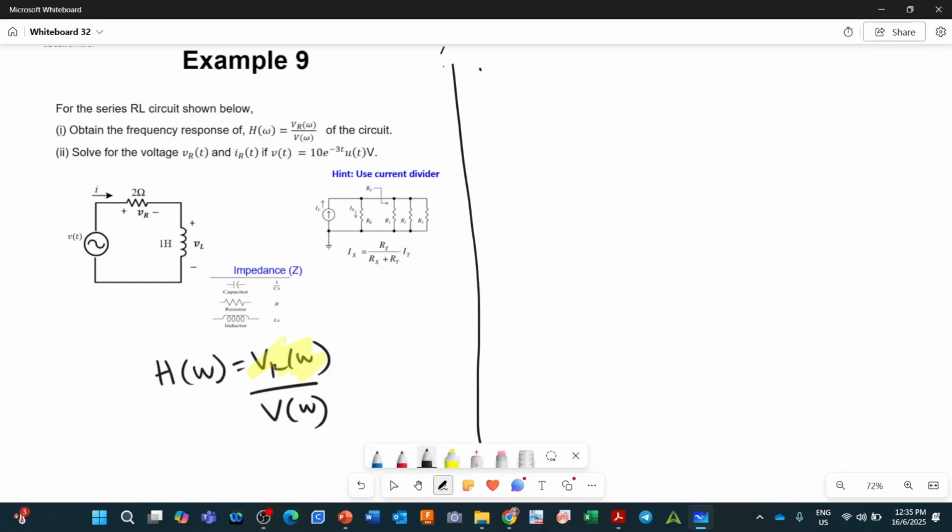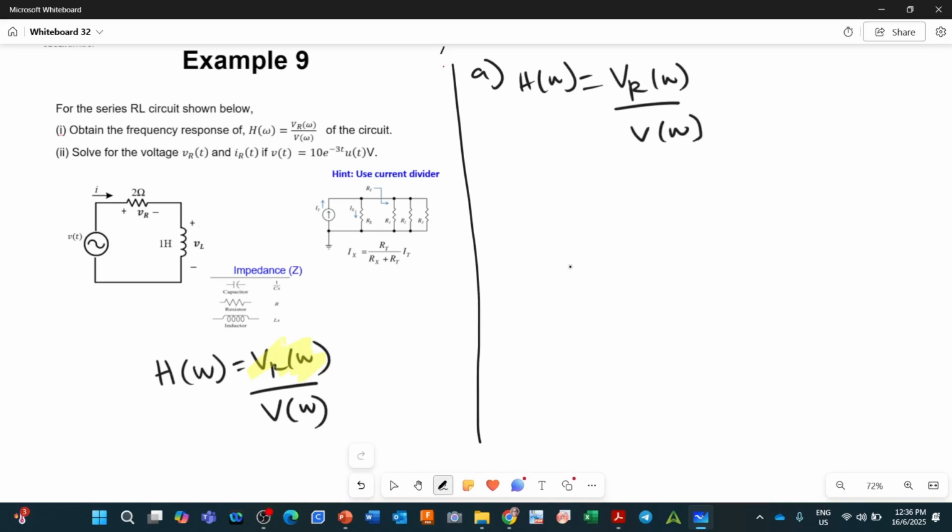H omega is equal to VR omega over V omega. Using Kirchhoff voltage law, V equal to IR.